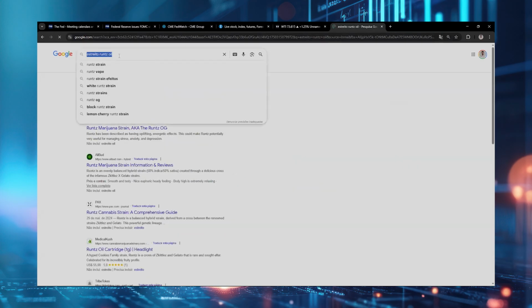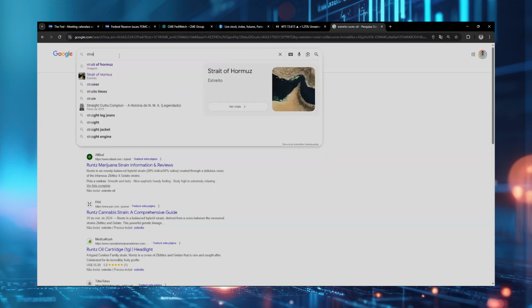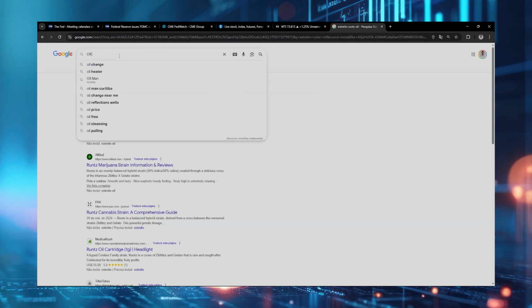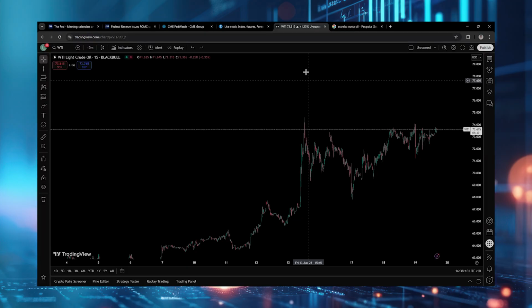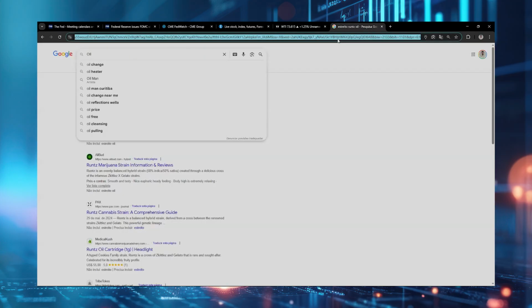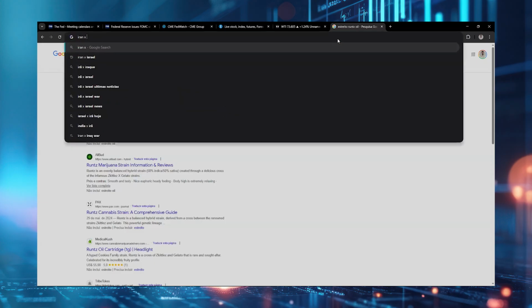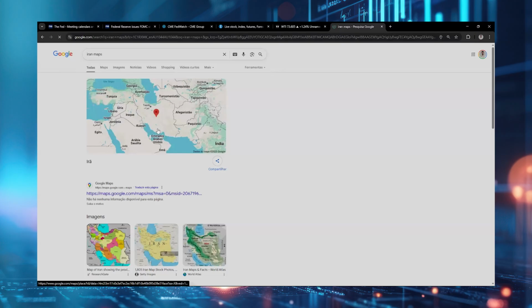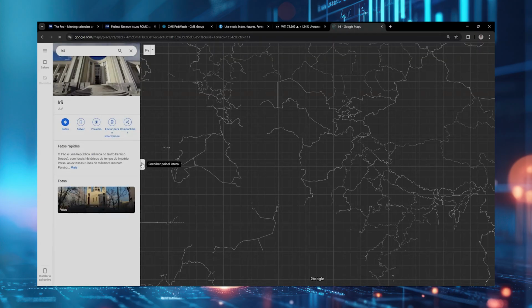Not this one. Strait oil. Yeah, can't remember. But anyways, there you go. Maps. Iran, Israel. There you go. We can see it right here. Just open Google Maps so you guys can see it.